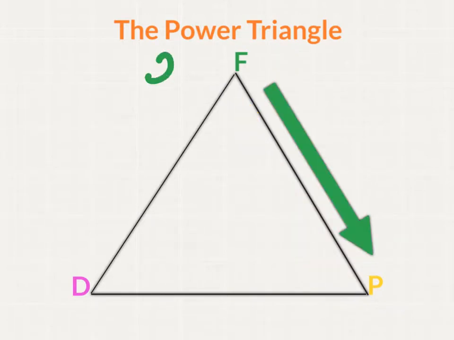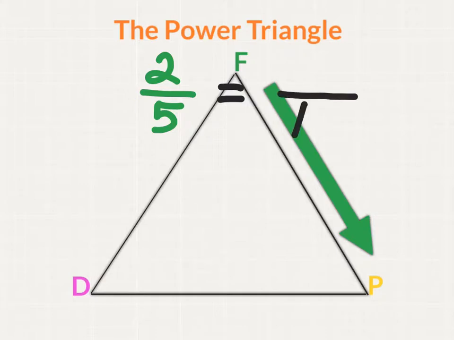When you would like to rewrite a fraction as a percent, all you simply need to do is rewrite your fraction as a fraction with a denominator of 100. You may remember that percent means of 100.